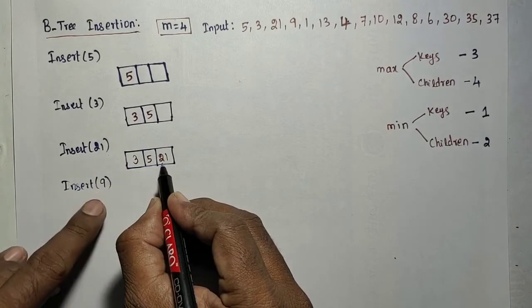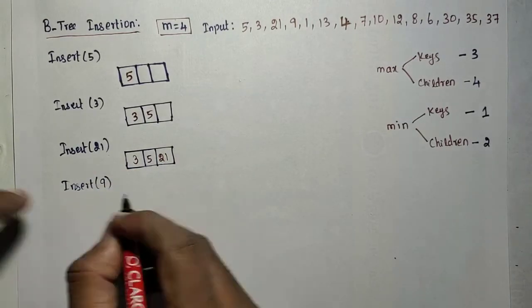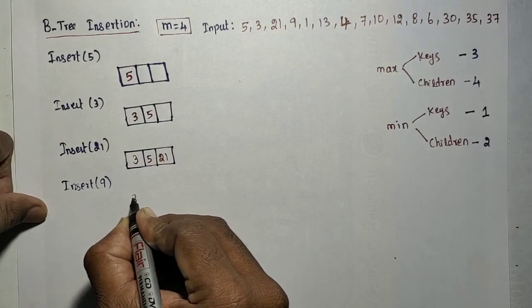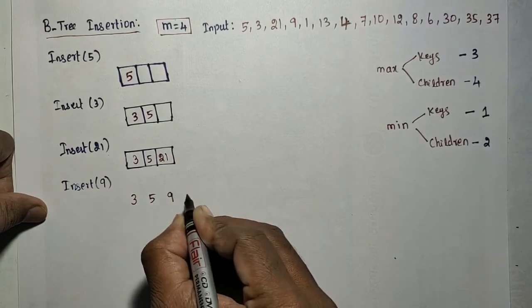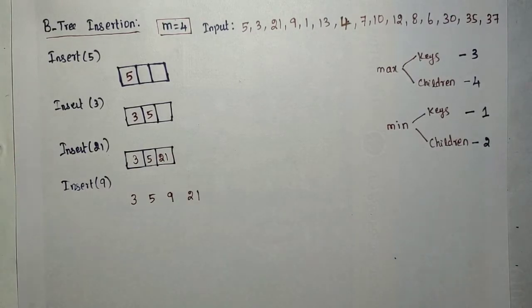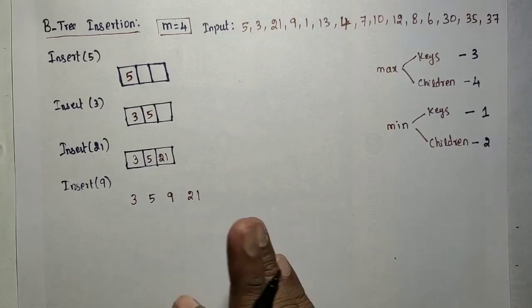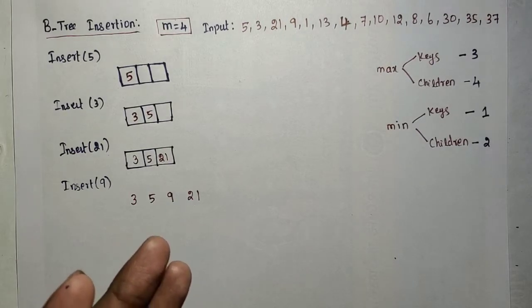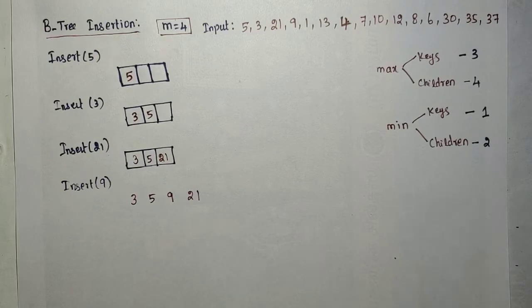Split and increase level means I write the elements in ascending order including the 9: 3, 5, 9 and 21. In those 4 elements, I find the middle element, make that middle element the root, the elements on the left side become the left of that root element, and the elements on the right side become the right of the root element.